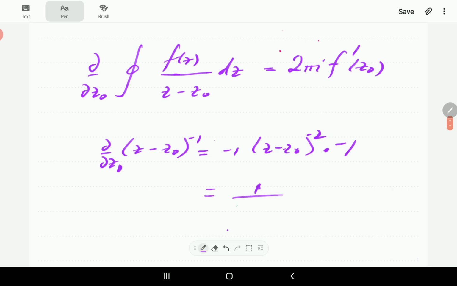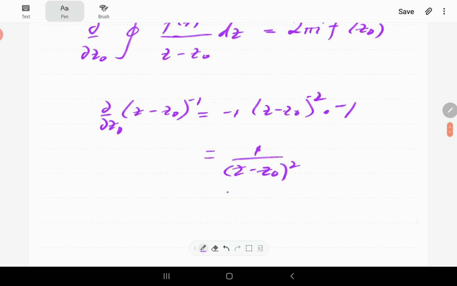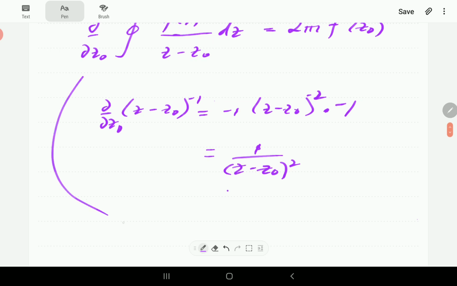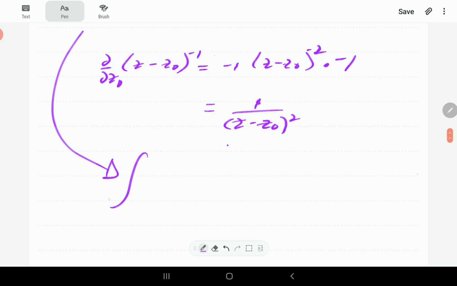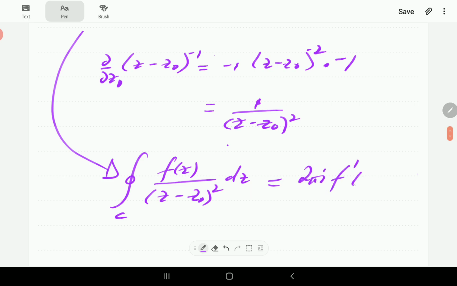So there's going to be 1 over z minus z naught squared. That means on the left hand side we're going to have the integral of f of z divided by z minus z naught squared dz, equal to 2 pi i f prime of z naught.